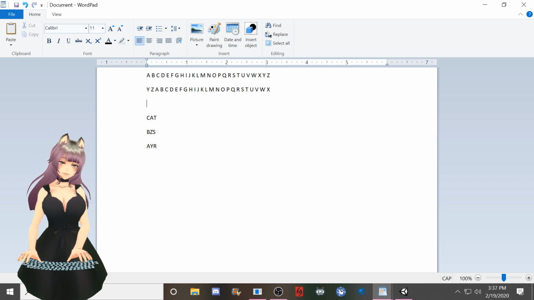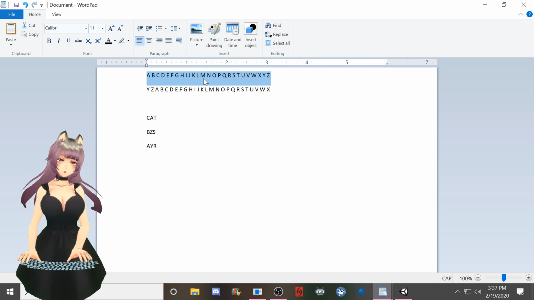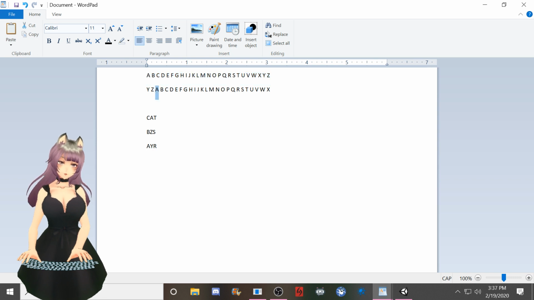But yeah, so remember, if you're converting into a shift cipher to send to someone, up here is where you pick your original words. So cat, we look for C, and then we encode it by grabbing the bottom row here.